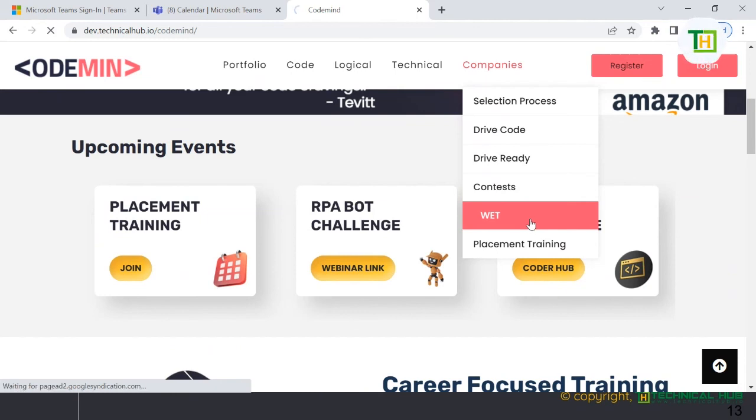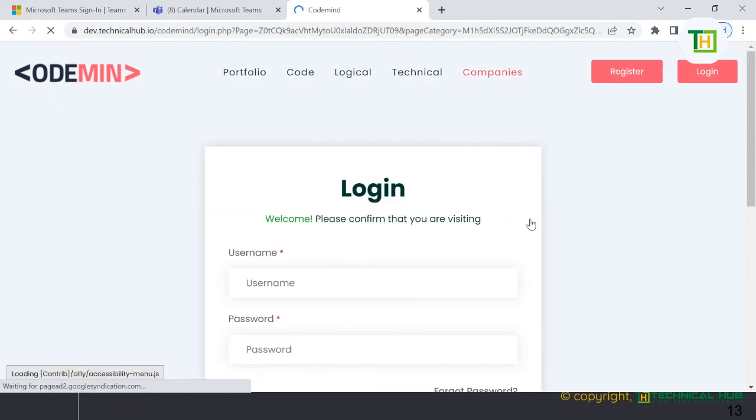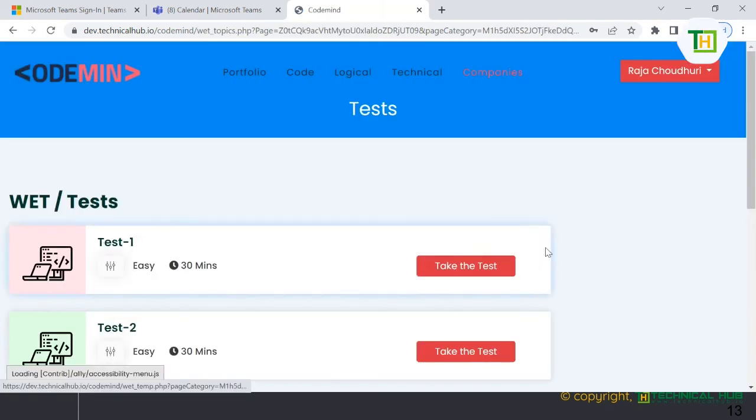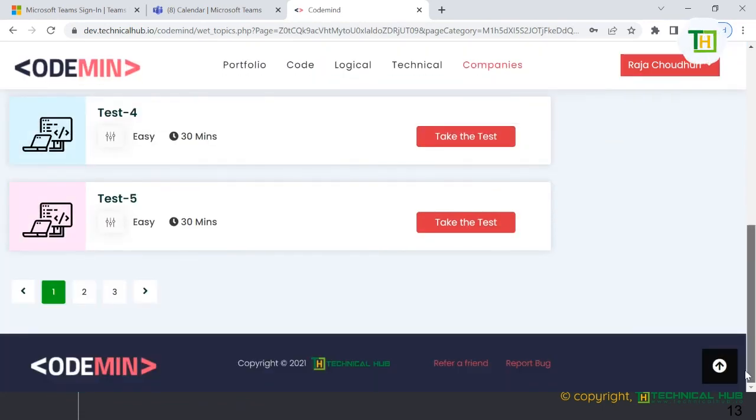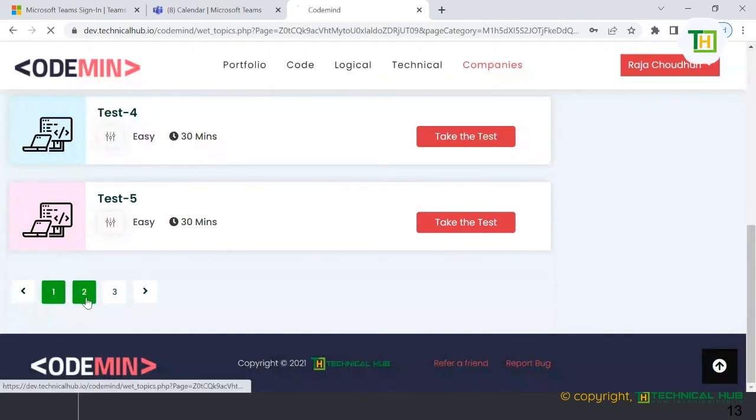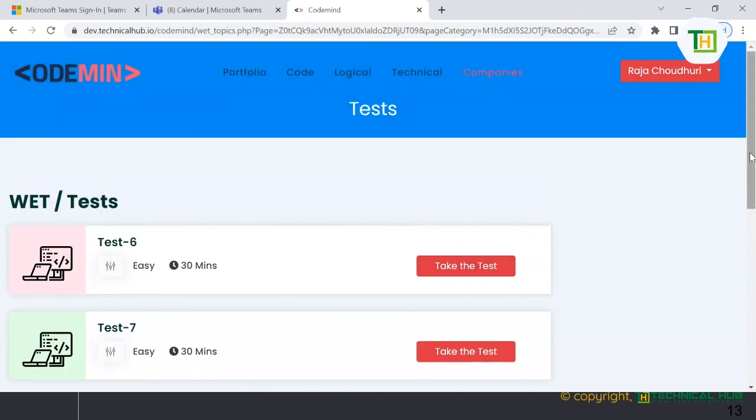Click on it. It is asking for username and password, I'll just give it. Right, so I have gone into this, and there are 15 tests available. It is up to you which test you write and how you write.